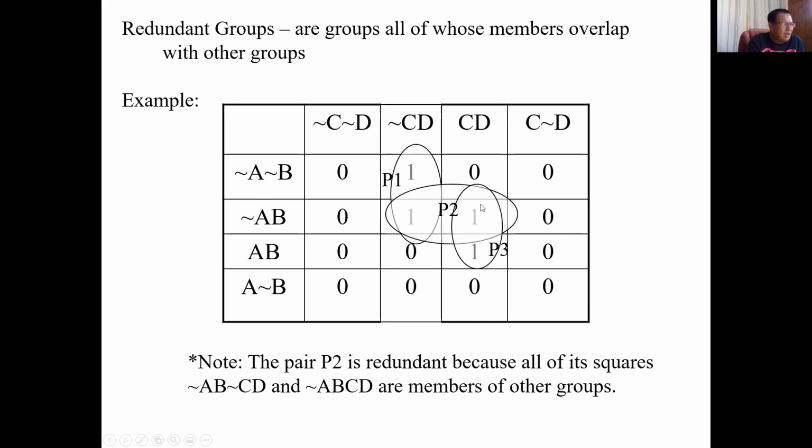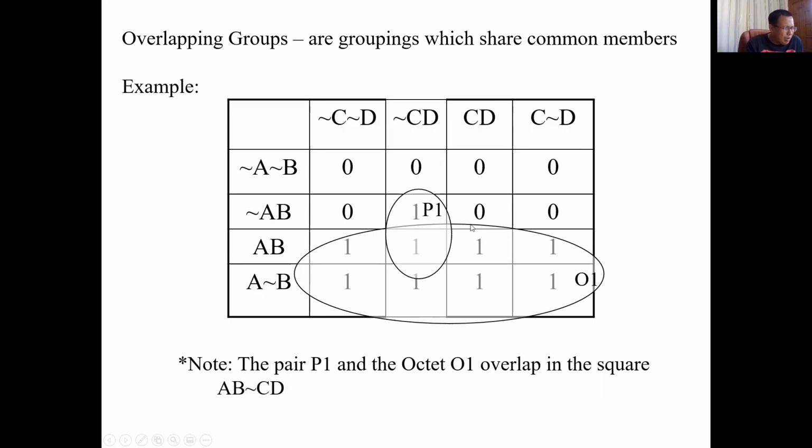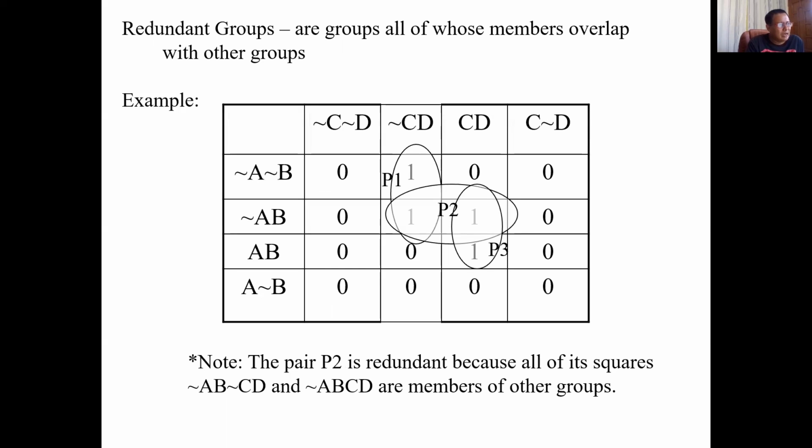Like in this case, if you make a quad inside an octet, that quad inside the octet is redundant. Or you make a pair inside the octet or a pair fully inside a quad, that would be redundant. Any questions? So that's redundancy.